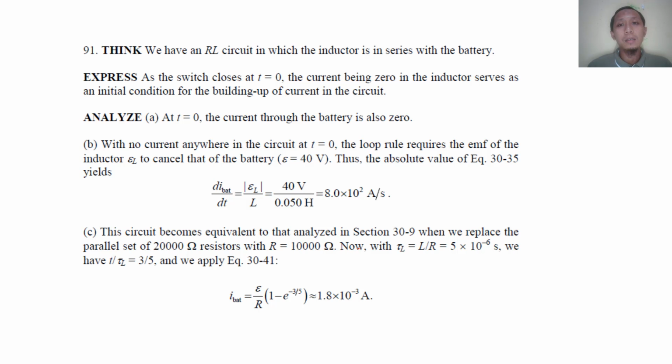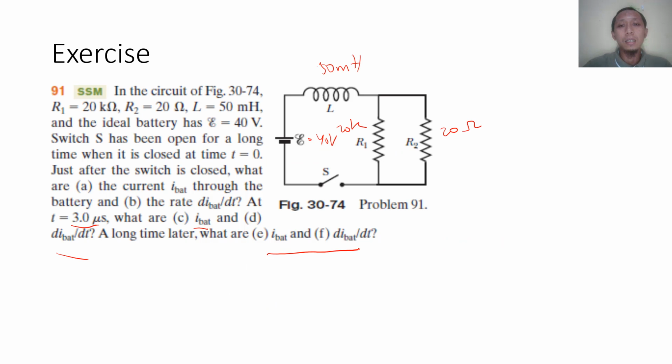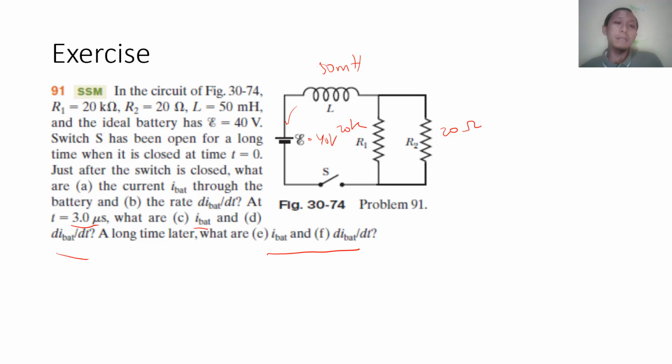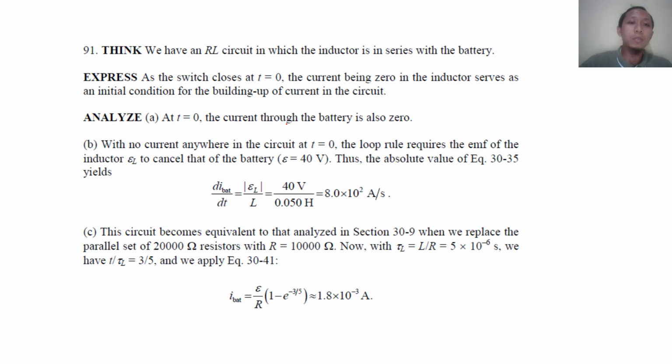the inductor is in series with the battery, and then the switch is closed at t equal to 0. So the current is 0 in the inductor. In the initial condition, because there is no change of the current, the current before the switch is closed is 0. So at t equal to 0, the current through the battery is also 0.